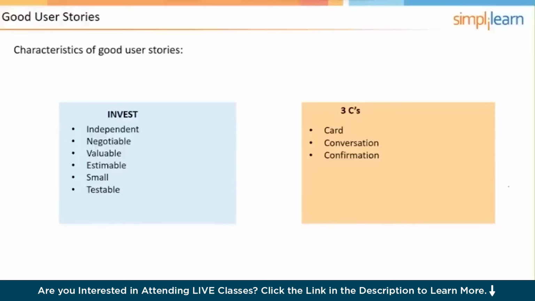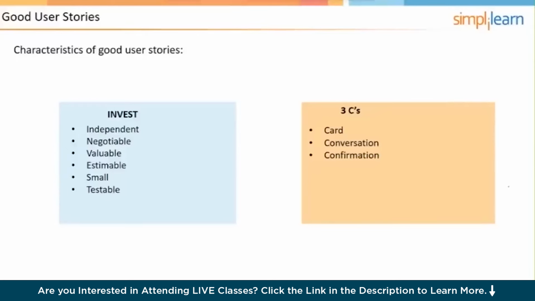Negotiable in the way the user story is going to be implemented. The product owner doesn't dictate to the team, doesn't say it's only this way and we don't want to hear anything from you. So there are discussions about the size and implementation for each user story.